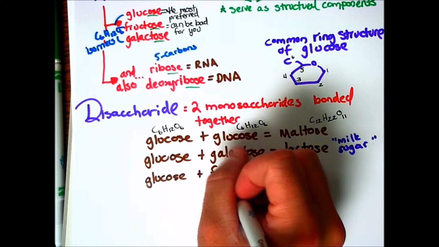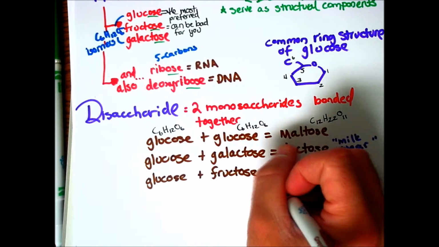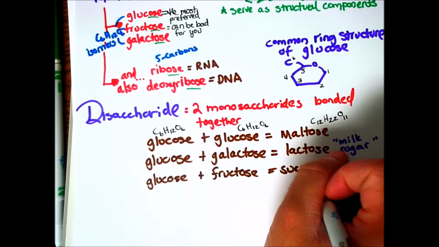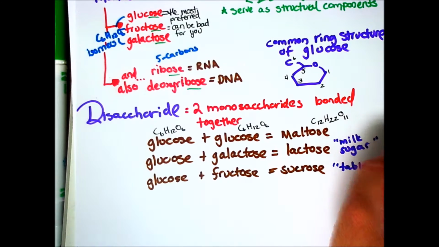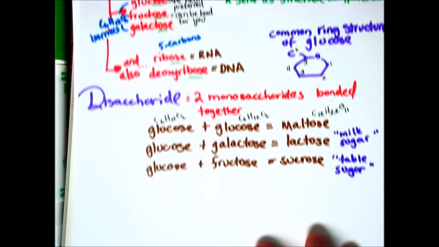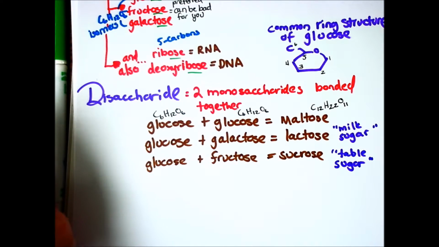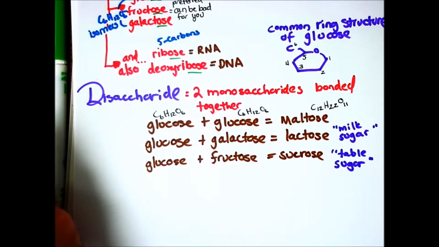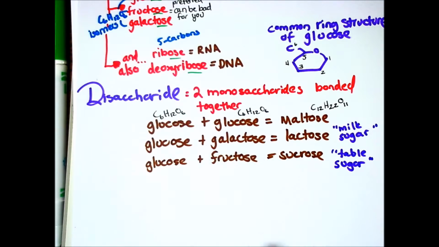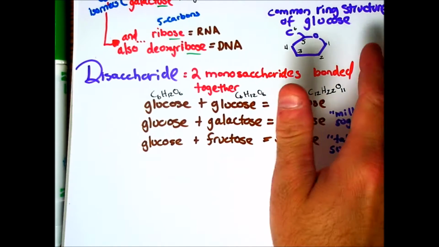You can combine it with fructose. This makes sucrose. We know sucrose as being table sugar, as in I ate a lot of cookies this past weekend, so I ingested a lot of table sugar. And I would understandably form these by dehydrating between the two monosaccharides.